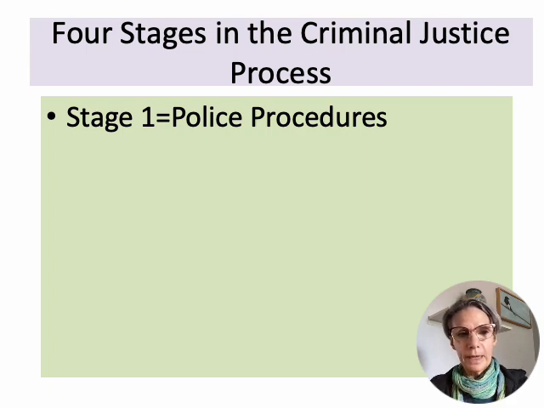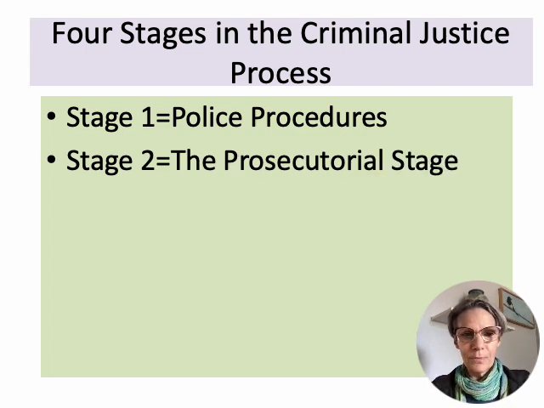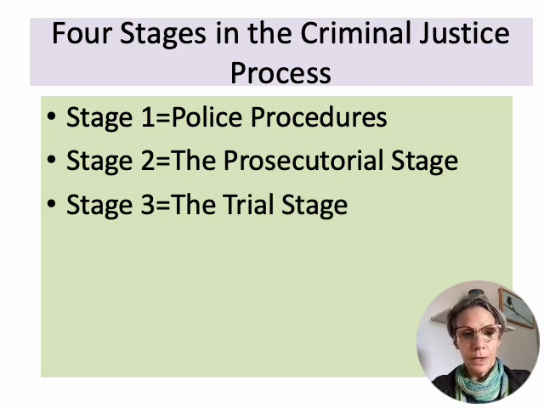And so stage 1 is the police procedures. It is the stage that deals primarily with law enforcement. Stage 2 is what's known as the prosecutorial stage, and that is the stage that deals with the decision that the prosecutor is going to make to charge somebody with a crime. And if they do charge somebody with a crime, basically the steps to prepare for trial.